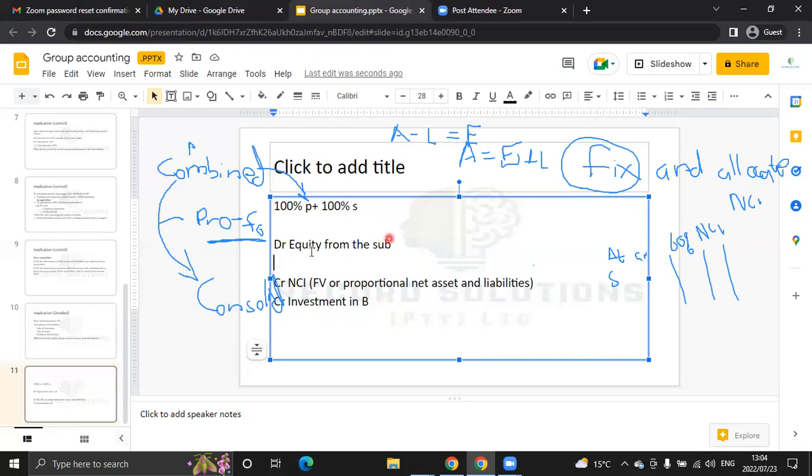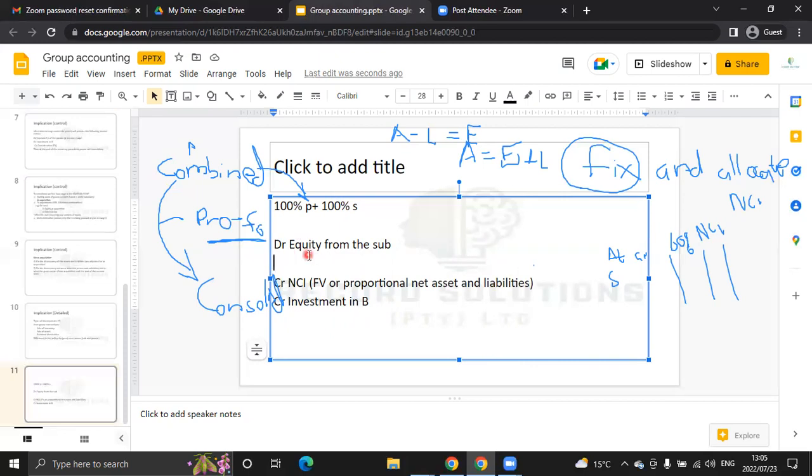Let's say the equity amounts, if we sum all of them up, we get something like 100,000. And then let's say it's not fair value, it's net proportional. Because it's net proportional, we say 100,000 multiplied by 40%, and we get 40,000. So it's 100,000 that we accumulated here of the equity that we debited, and then we credited 40,000 for the non-controlling interest, right?